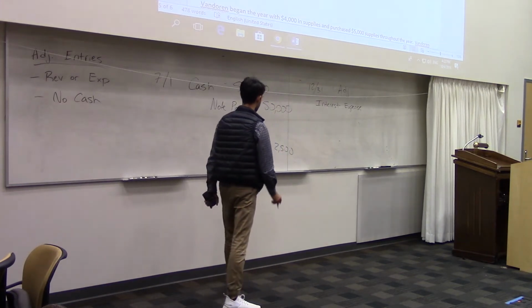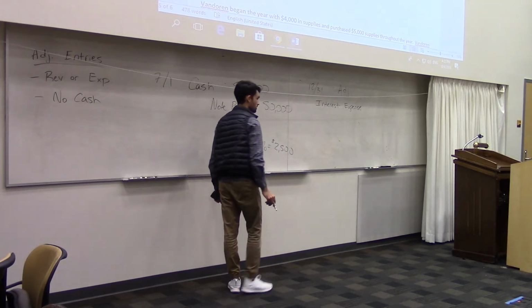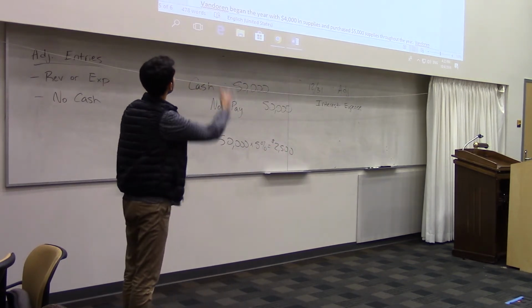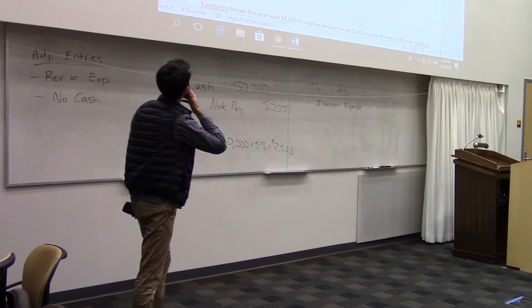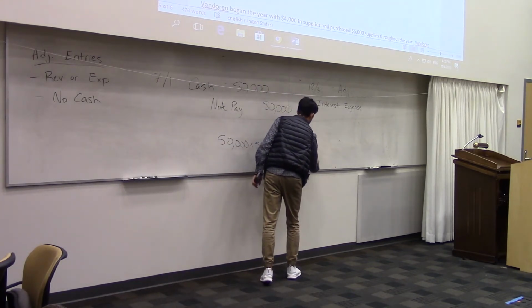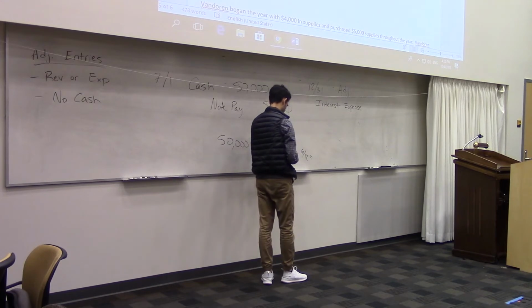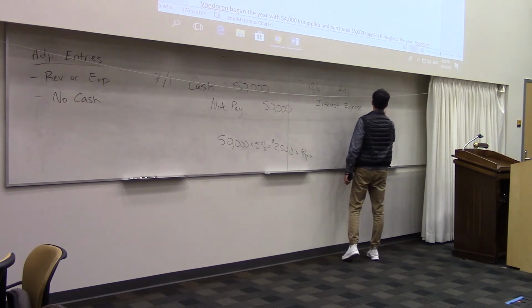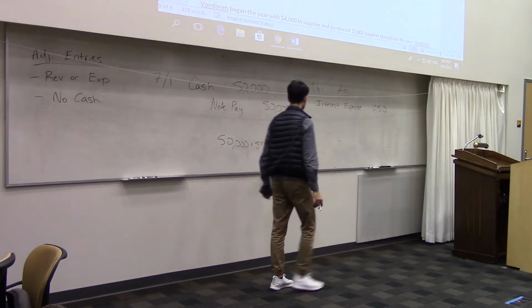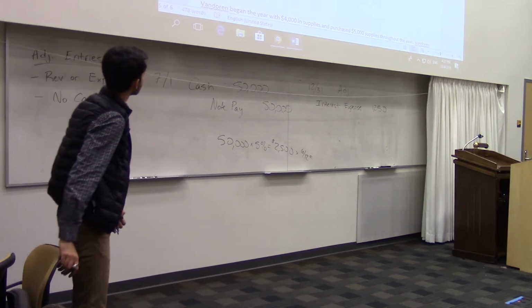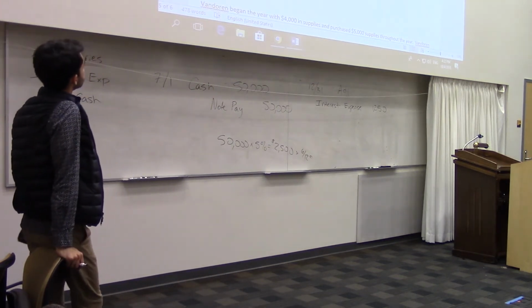So this is for the whole year. We owe $2,500 for the whole year, but we only had the loan out for 6 months. So for 6 of the 12 months, 1,250. So the date is important.